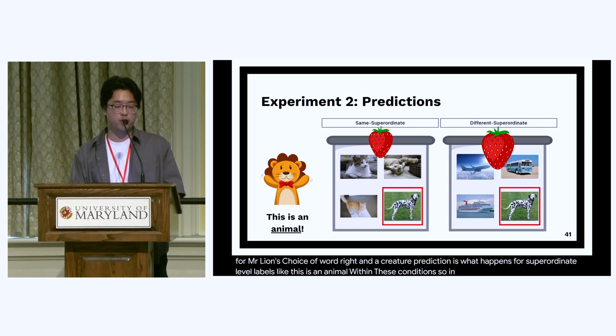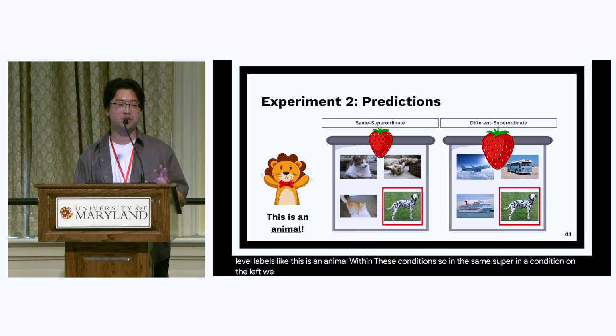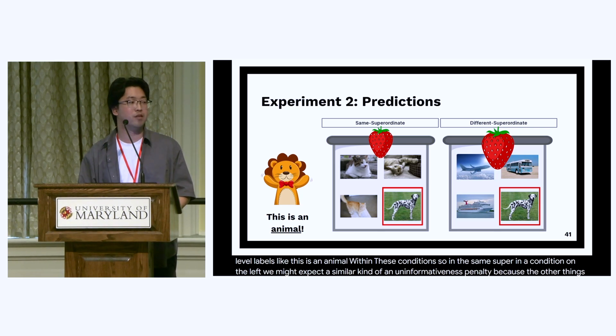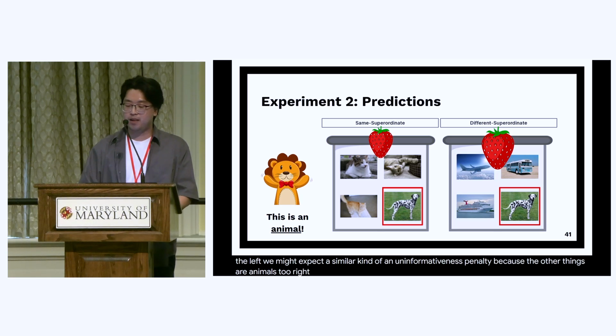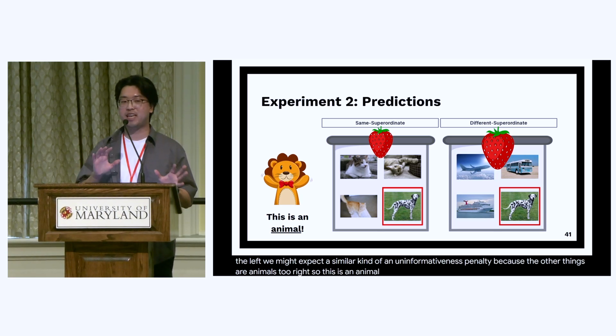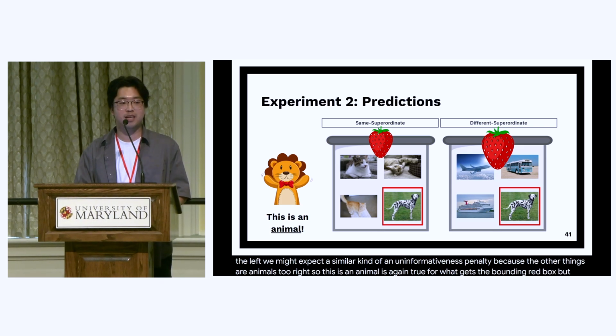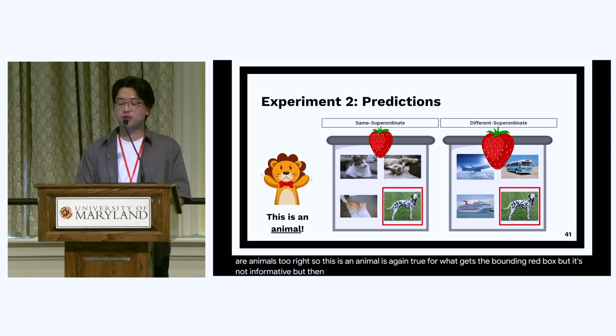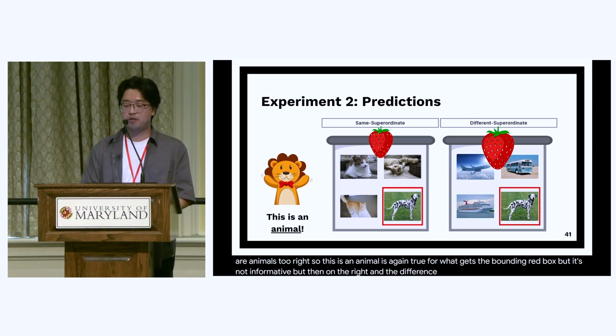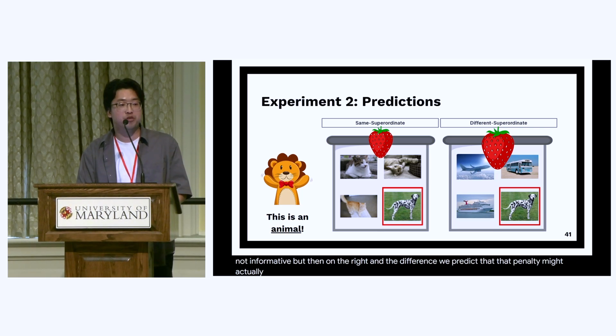And the crucial prediction is what happens for superordinate level labels, like this is an animal, within these conditions. So in the same superordinate condition on the left, we might expect a similar kind of an underinformativeness penalty because the other things are animals too, right? So this is an animal is again true for what gets the bounding red box, but it's not informative. But then on the right, in the different superordinate condition, we predict that that penalty might actually be reduced because this is an animal is now sufficiently informative.